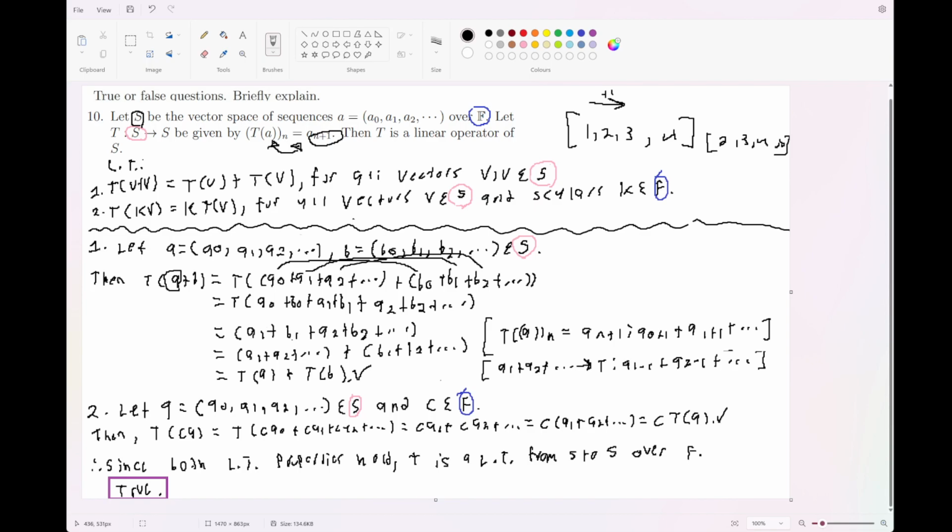So we're going to get a1 plus b1, plus a2 plus b2, plus and so on. Now, since we originally grouped them together, we're just going to go back again, because this is just the grouping phase. I'm going to split them back up to a1 plus a2 plus dot dot dot plus b1 plus b2 plus dot dot dot.